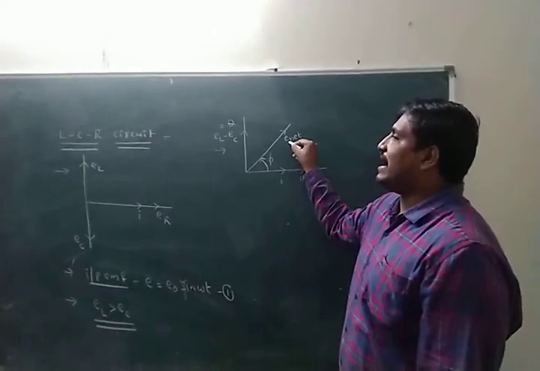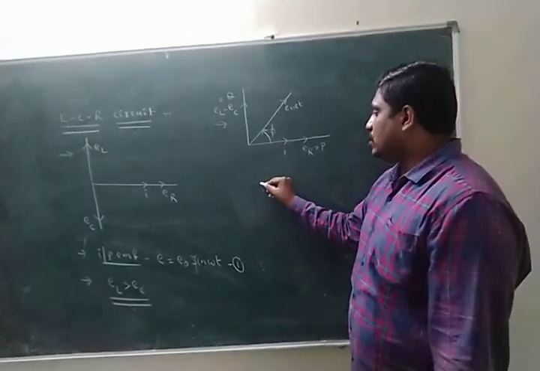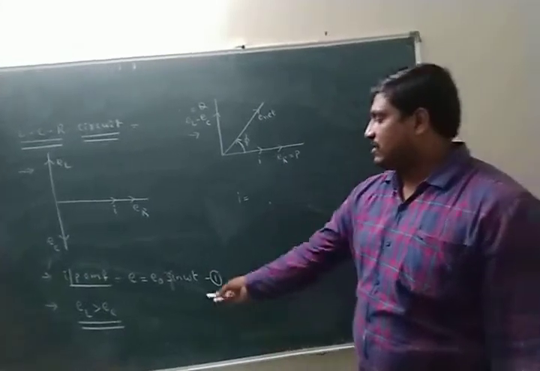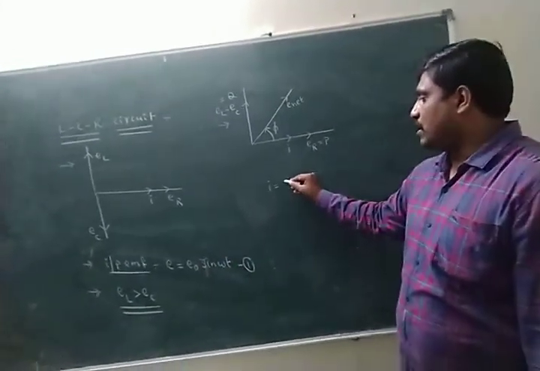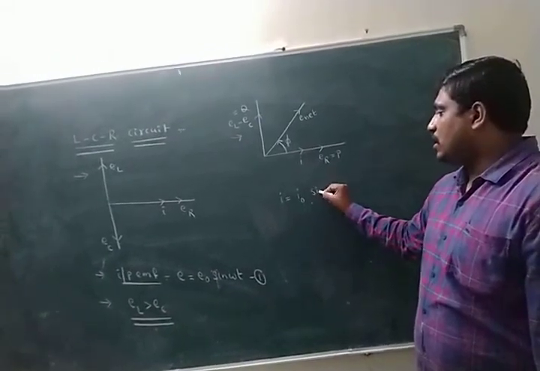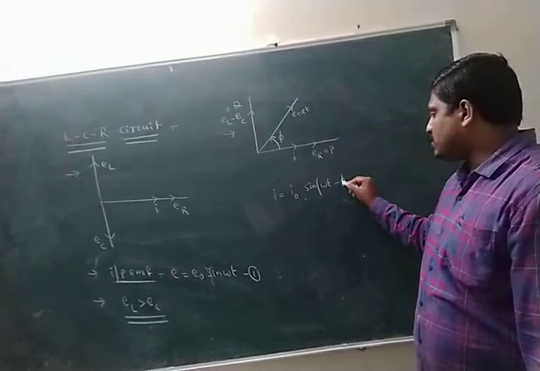EMF is ahead compared to current. Simply, current is lagging. What angle? Phi. That's why, according to equation 1, I equal to I naught sin omega t minus phi.